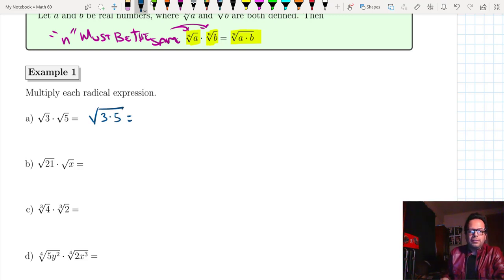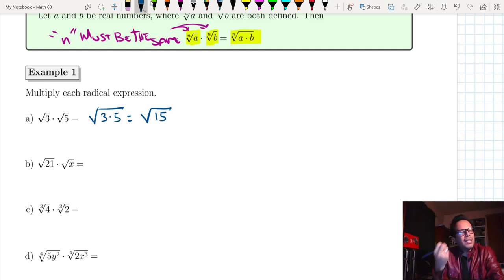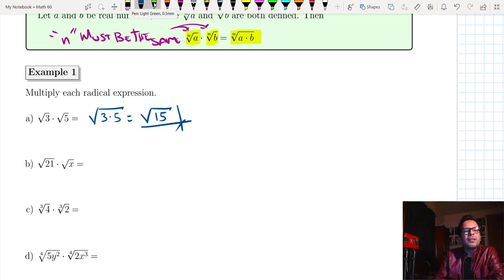Inside of the parentheses, we may multiply the numbers, 3 times 5, which is 15. And if possible, simplify. 15 is not a perfect square. There's no number whose square is 15, unlike 16 or 9 or 25. In that case we can simplify, but not in this case.